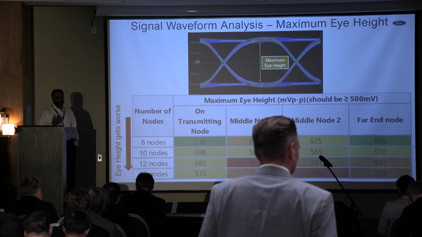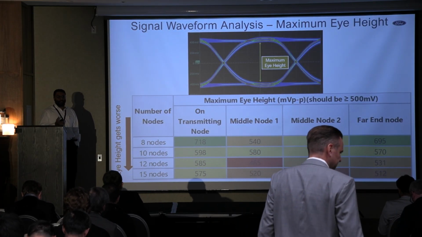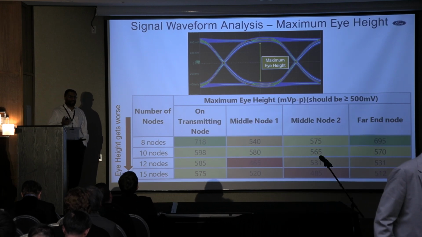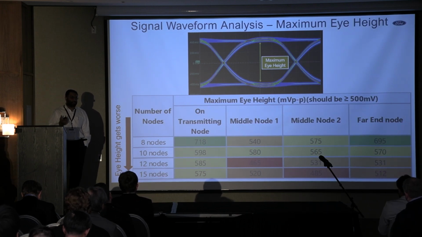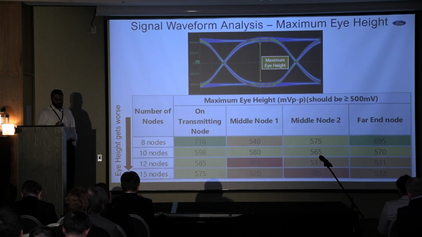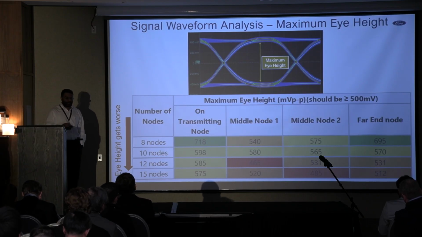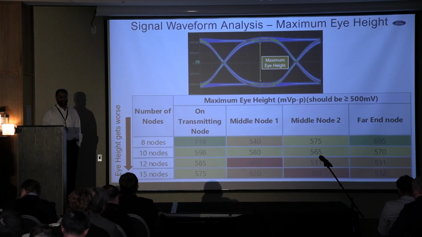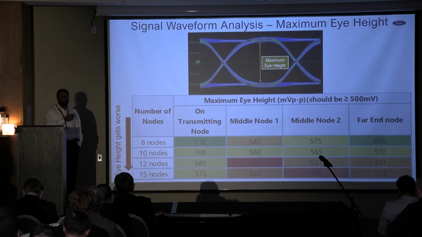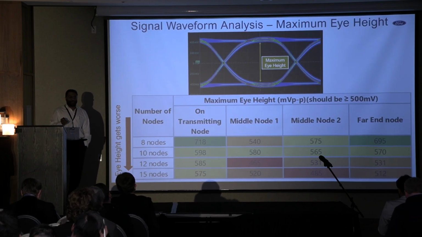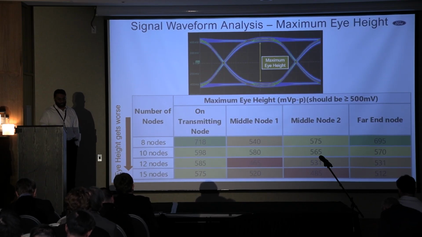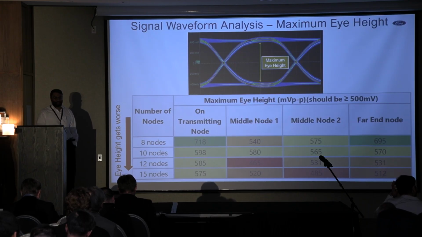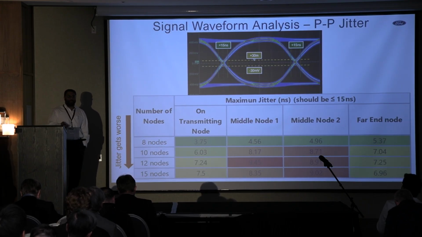In our defined spec, the eye height should be greater than or equal to 500 millivolt peak to peak. We took 4 measurements, the 2 far ends and the 2 middle nodes, and we can see that the eye height greatly reduced.